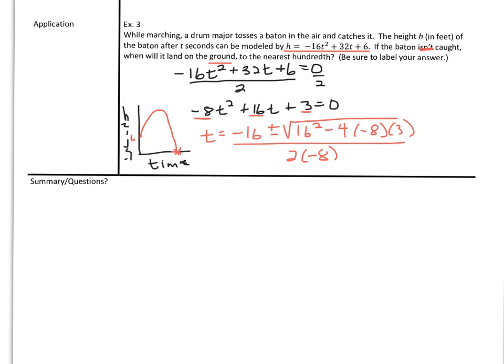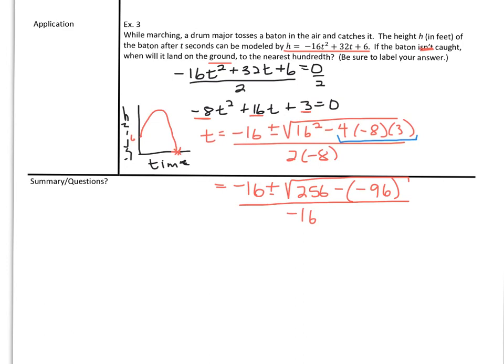And now we simplify. t equals negative 16 plus or minus the square root. 16 squared is 256 minus, and then we have 4 times negative 8 times positive 3, and that would give us negative 96. All over 2a, which is 2 times negative 8, or negative 16.